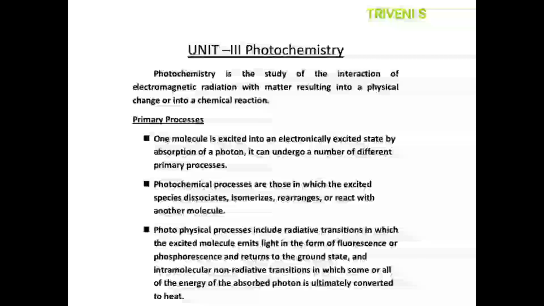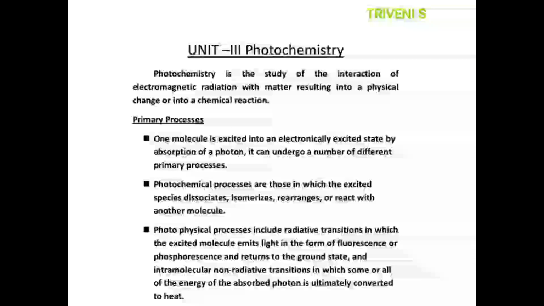From ground state to excited state, there is a lot of difference between ground state and excited state. So what is the difference between ground state molecules and excited state molecules? There are chemical process and physical process changes between these two. The chemical process changes are dissociation, isomerization, rearrangements or combinations with another molecule.